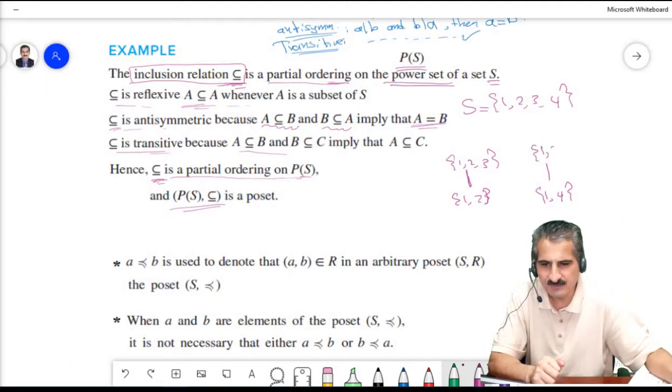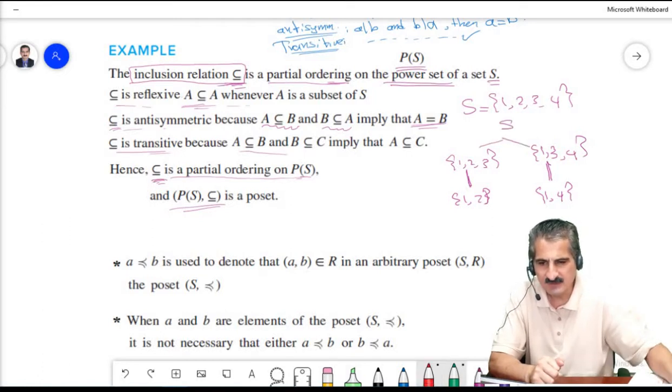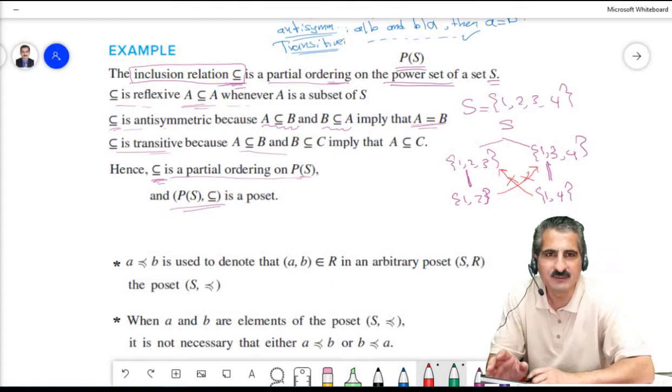So this is contained in that, and each one of these will be contained in S, but this is not contained in this, and this is not contained in that. So this is a very interesting example, and it is a very intuitive example of partial ordering.